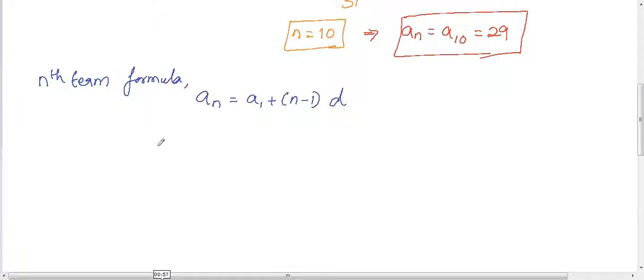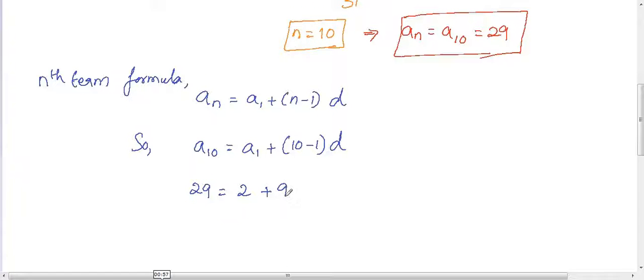So if you plug all these values into this formula, we will get a10 is equals to a1 into 10 minus 1 into d. So a10 value is 29, so which is the last term. The last term is equals to the first term a1 is 2 plus 9d.